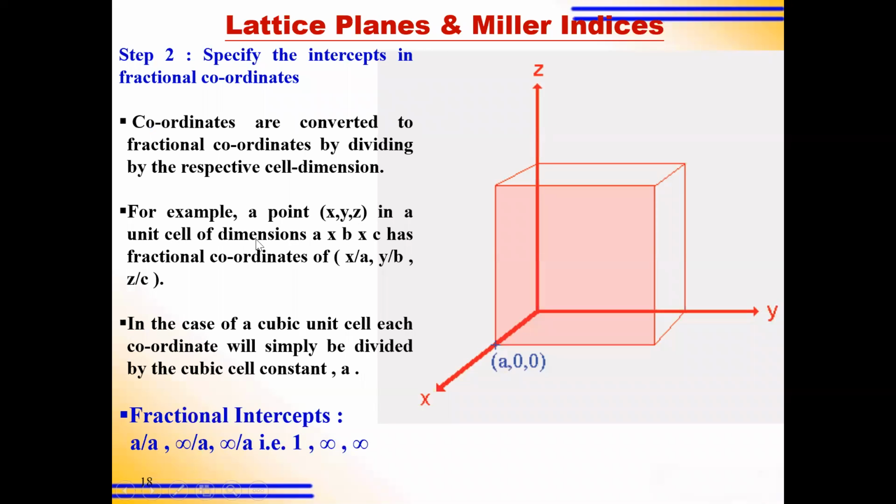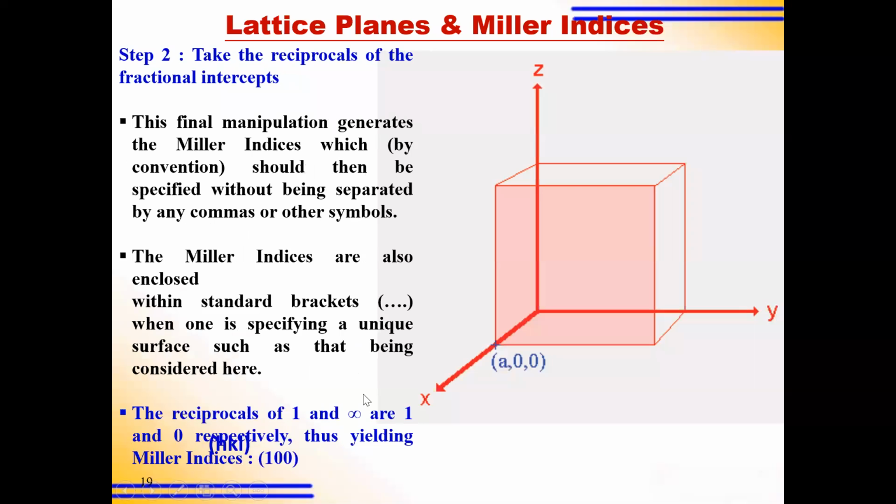And a point x, y, z in a unit cell of dimension A into B into C has fractional coordinates x upon A, y upon B, and z upon C. So in this case, the cubic unit cell, each coordinate will simplify by dividing by the cubic cell constant A. And that the fractional intercept is A upon A, infinity upon A, infinity upon A. So that will be A upon A, it is 1, and infinity, infinity, right?